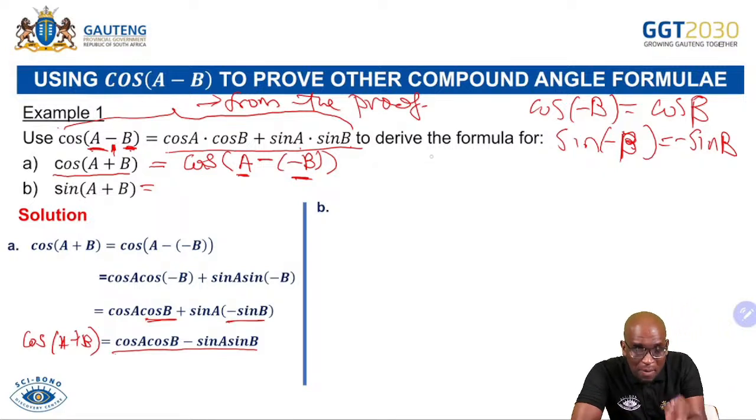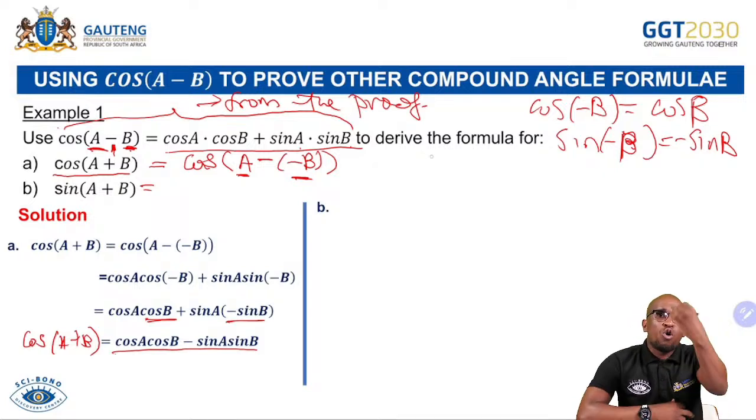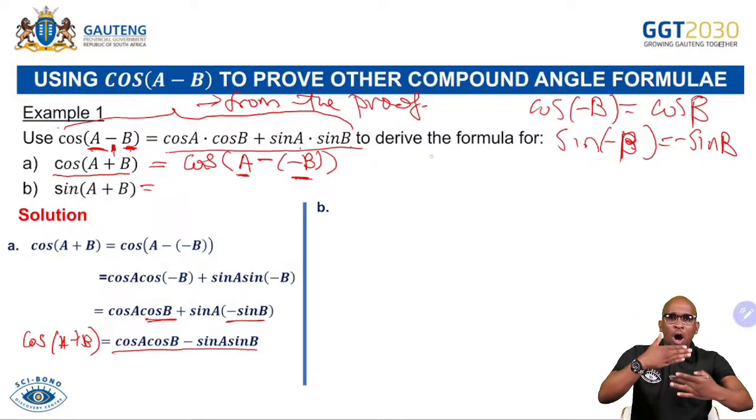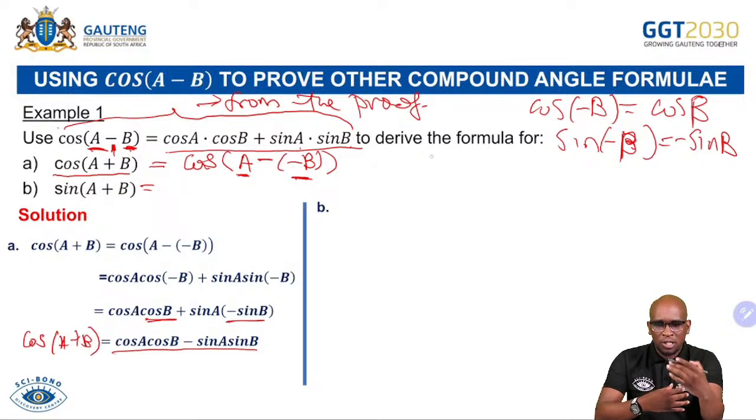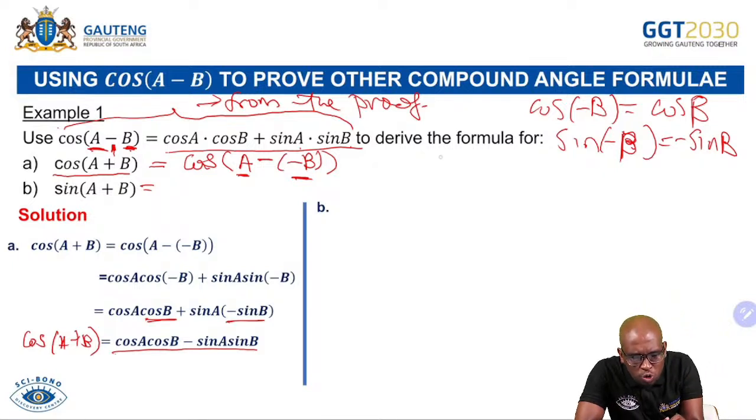Now, remember, I am taking you back to cofunctions. We need to know how to reverse our cofunctions. With our cofunctions, if you have the cosine of 90 minus theta, that is the same as sine theta.